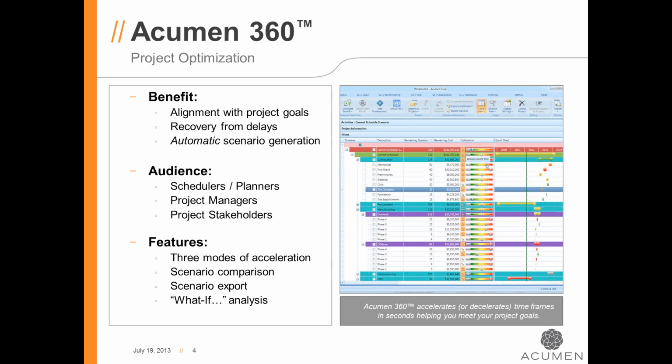We're going to compare our accelerated scenario to our initial scenario, and we can do this as many times as we need to as part of a what-if analysis. Now, when we find that scenario that we really think we can live with and will help us meet our project goals, we can export that scenario back to our scheduling tool and use that as our integrated master schedule going forward.